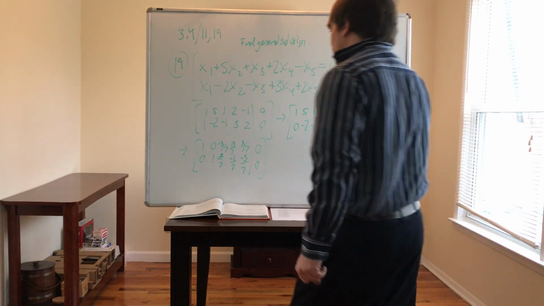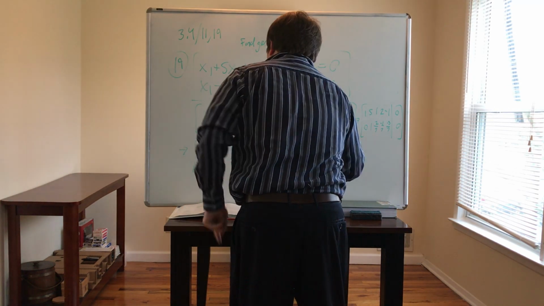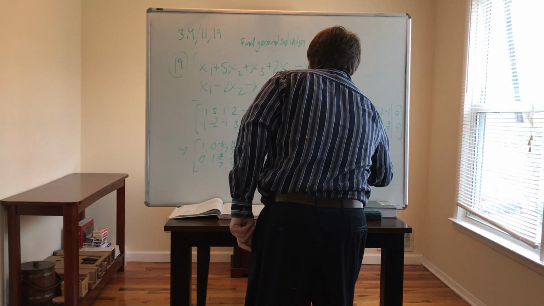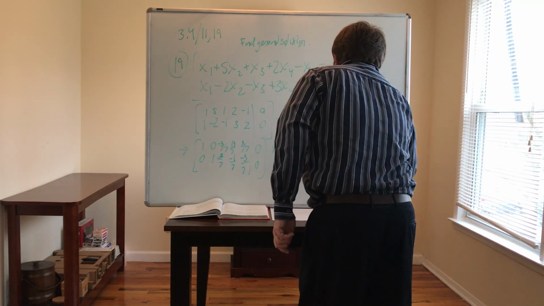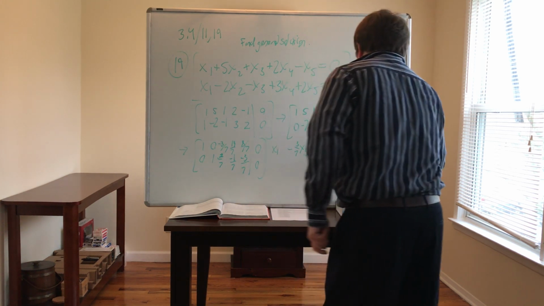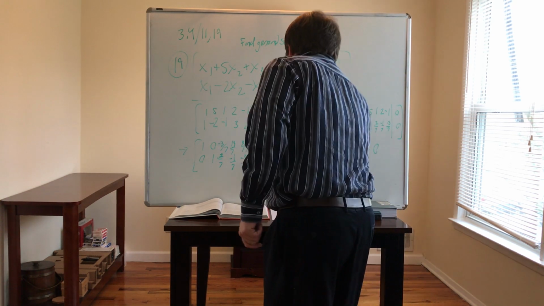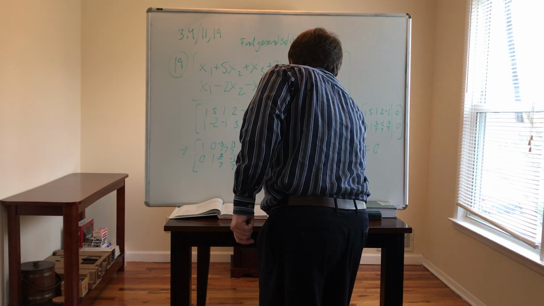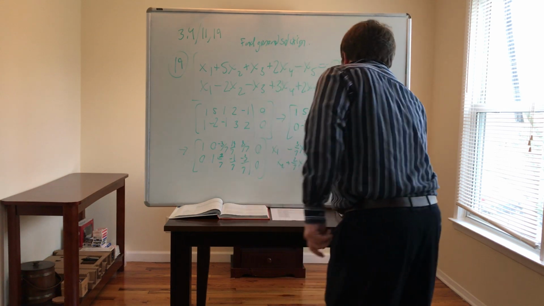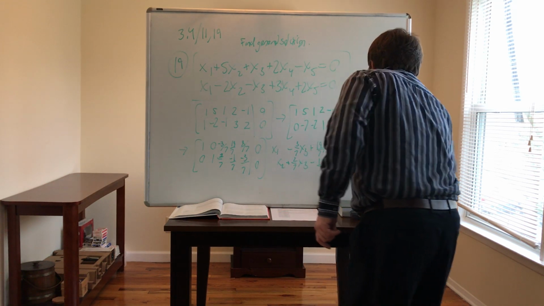Okay, and so this is x1 minus 3/7 x3 plus 19/7 x4 plus 8/7 x5. This is x2 plus 2/7 x3 minus 1/7 x4 minus 3/7 x5, and that's equal to 0.